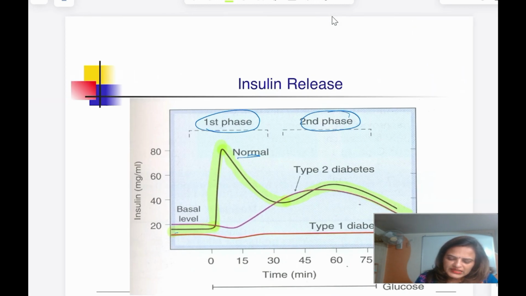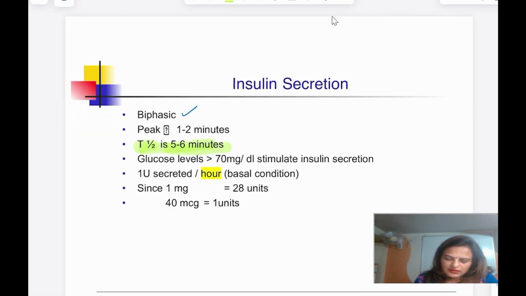And what is the maximum? Even at rest, in the basal condition, 1 unit of insulin is secreted every hour.